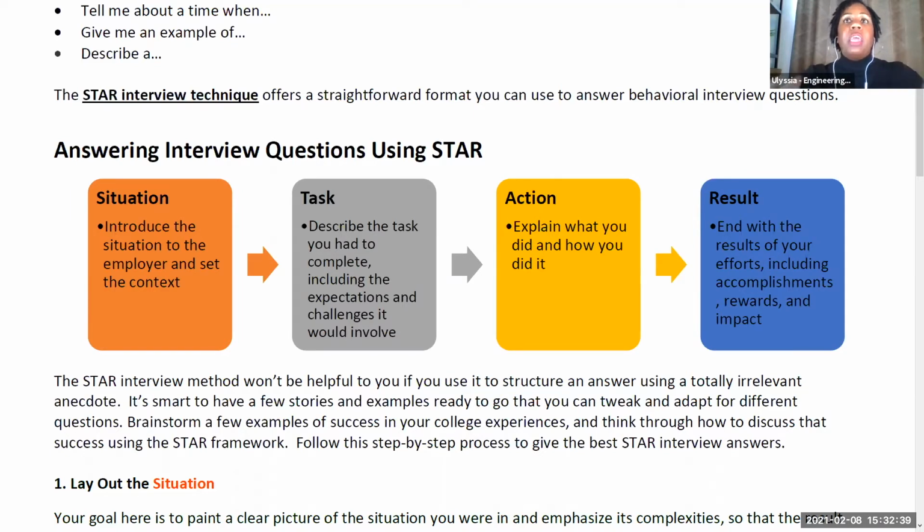For example, if you're reading a job posting and there's a lot of emphasis on collaboration and teamwork, then you're probably going to get a behavioral interview question that gauges your experiences working on teams. And with that knowledge, you can then prepare answers by thinking about different team experiences that you've had.